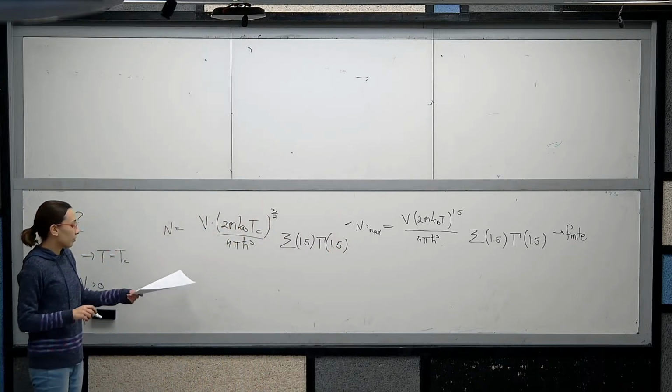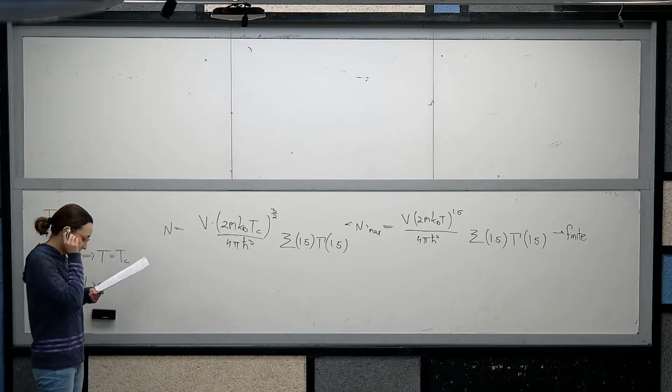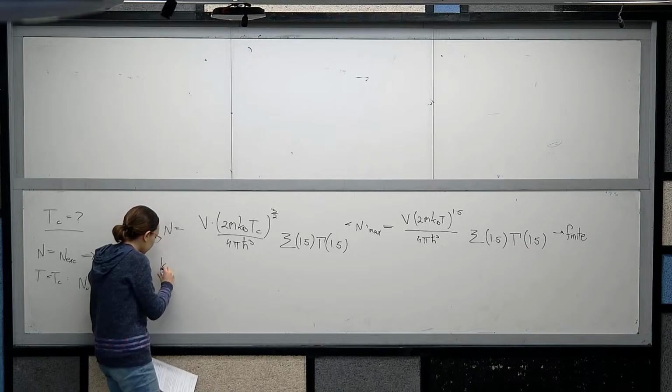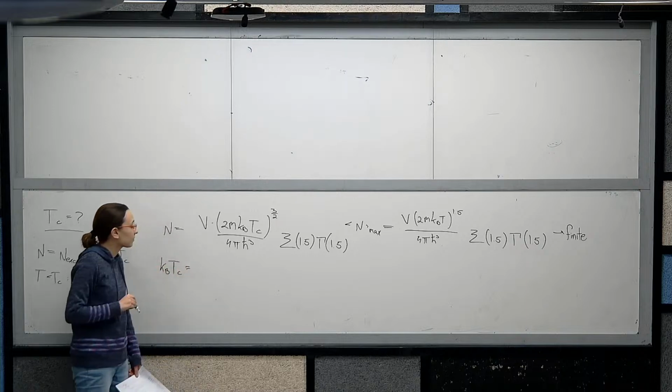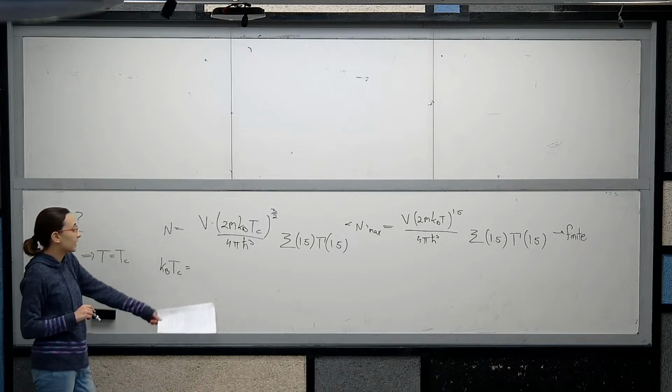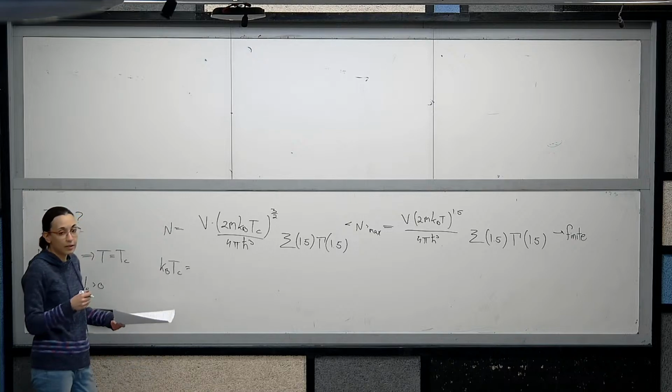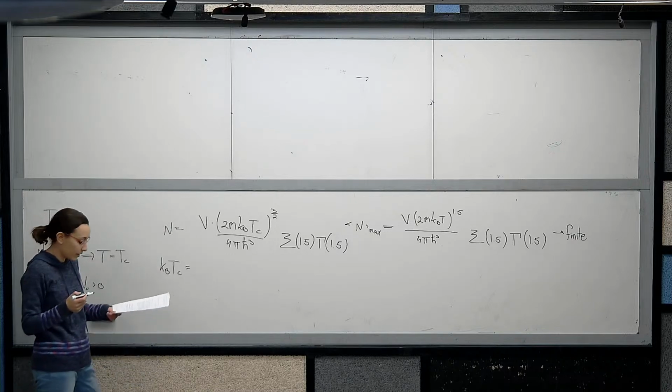So we can say that our T critic, we can extract it from here and write it in terms of the total number of particles in the system.